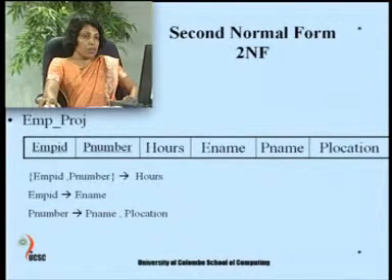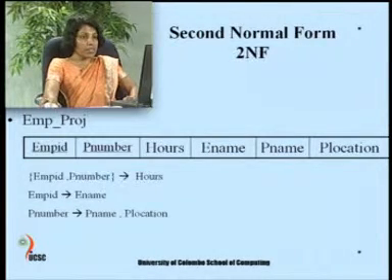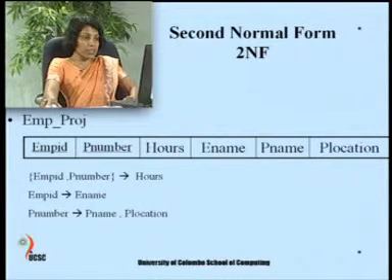So when we normalize this into the second normal form, what are the relations that we get? Now, as you can see, this is not in second normal form. Why I am saying that is because in the employee project relation, employee ID and project number will form a composite key, and only the number of hours would depend on the composite key.